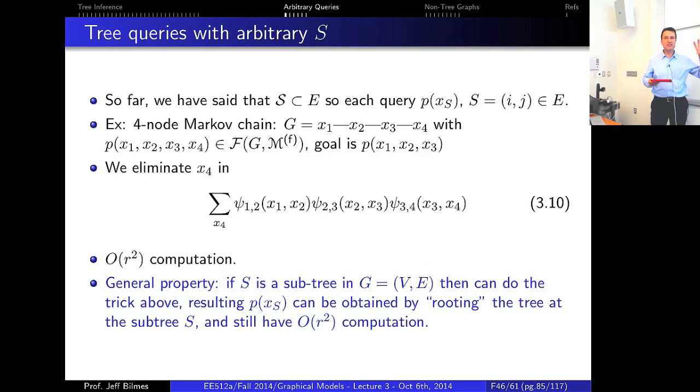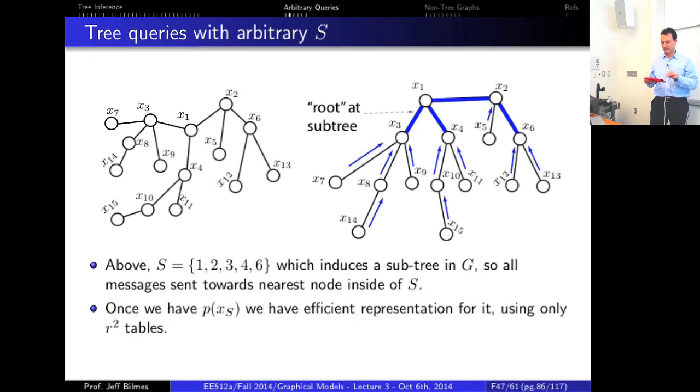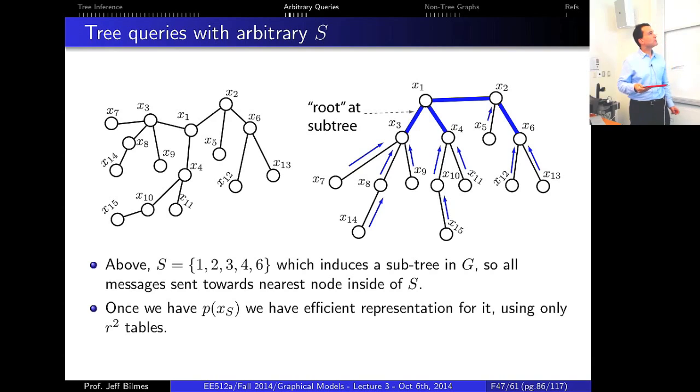And the way we do that is, in some sense, we root the tree at the sub-forest or the sub-tree. I know that's not a conventional notion, but let's depict this idea using this figure on the right. We have this graph, and we have the thick blue edges. You can see that the blue edges correspond to a subtree. It would be a subforest if it was a disconnected tree, right? But let's just say it's a subtree in this case.